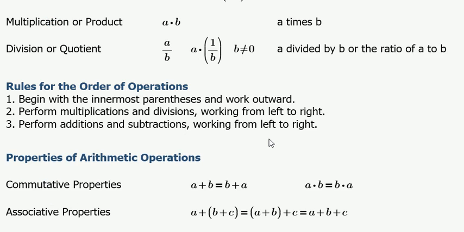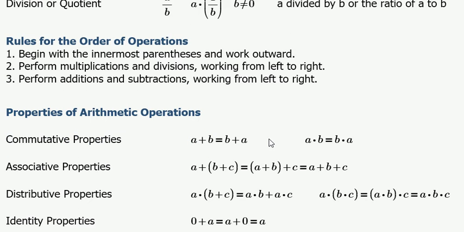Rules for the order of operations: begin with the innermost parenthesis and work outward. Number 2, perform multiplications and divisions working from left to right. Perform additions and subtractions working from left to right.